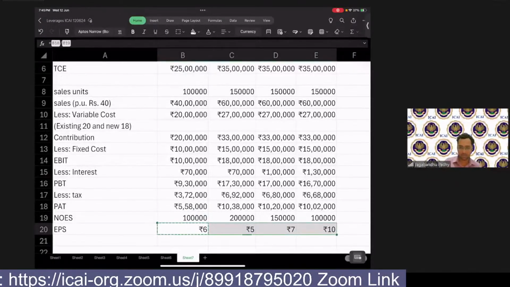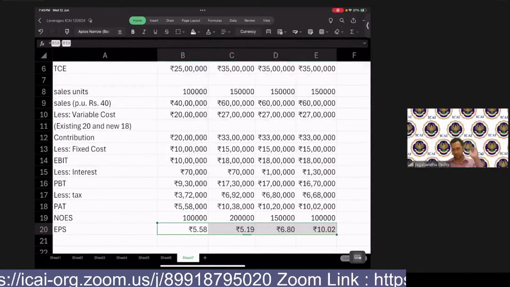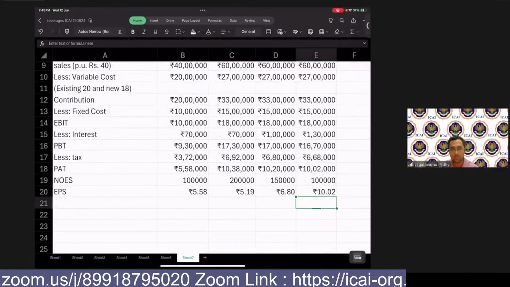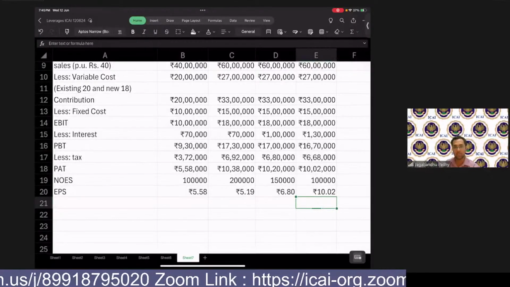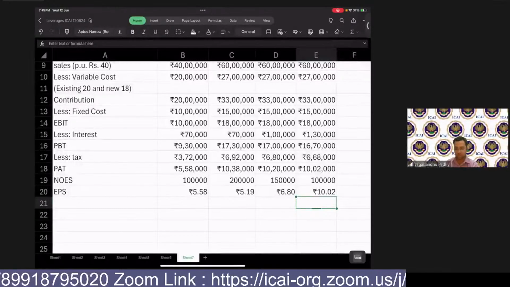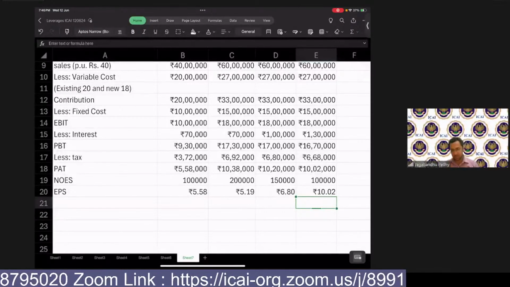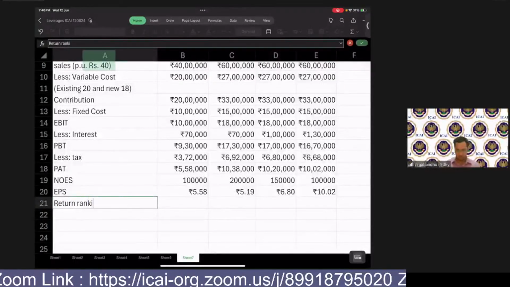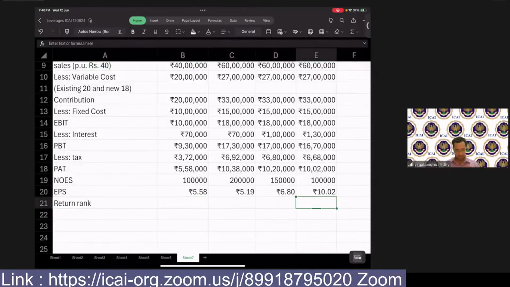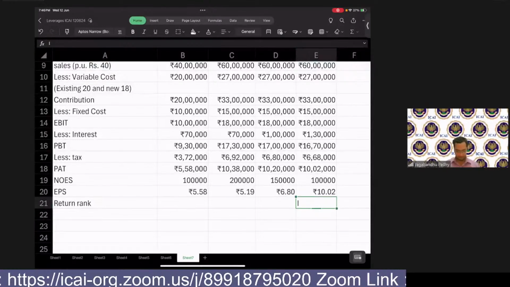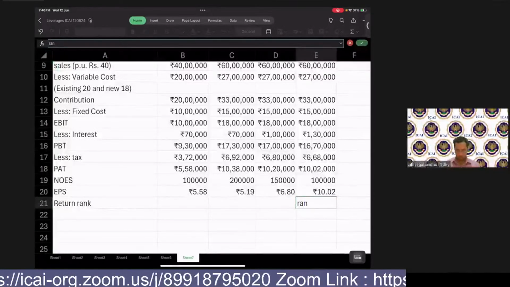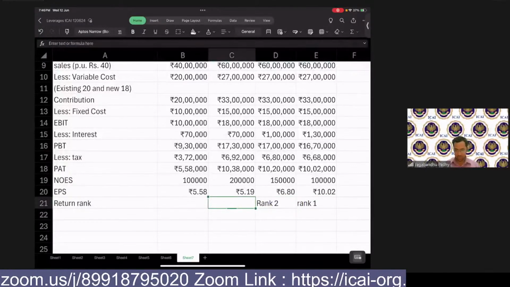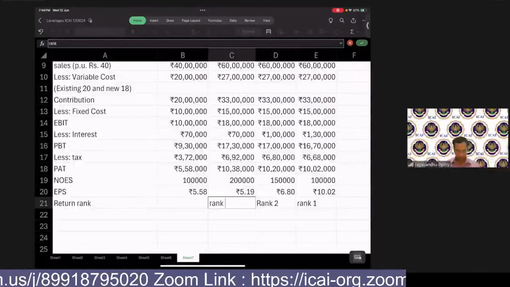You observe that EPS is highest for the last option. As far as returns are concerned, it's 10.02, so the return rank is rank 1. Then 6.2 is rank 2. And this one is rank 3.